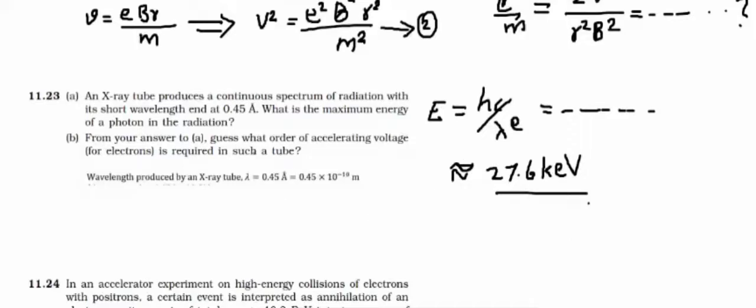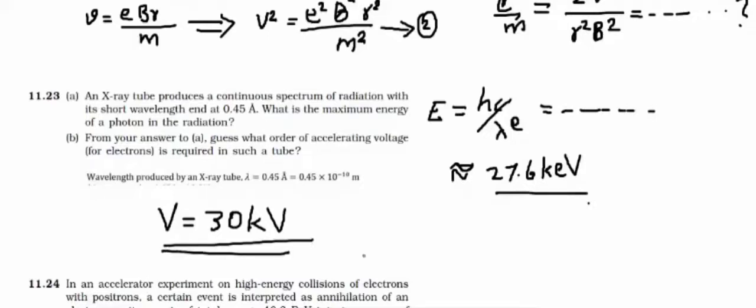And you are asked what should be the order of the voltage, so you have to find out the next full digit only. Here, 27.6 kilo electron volt is the energy, and the corresponding voltage is 27.6 kilovolt. So when you round it, you will get around 30 kilovolt as the approximate accelerating voltage.